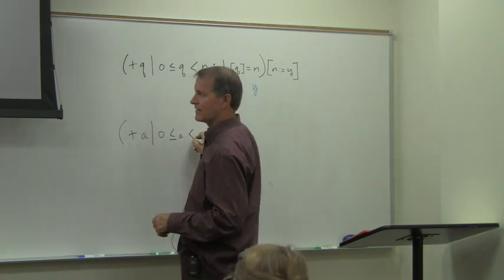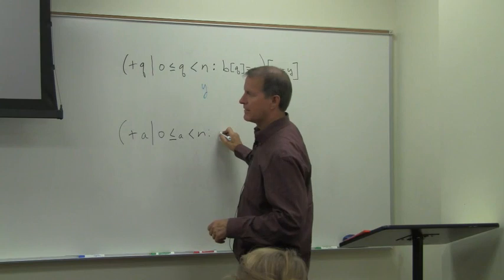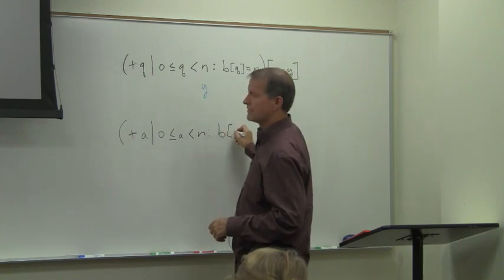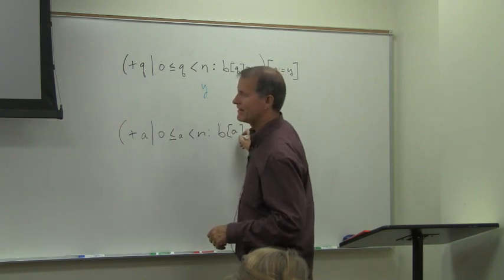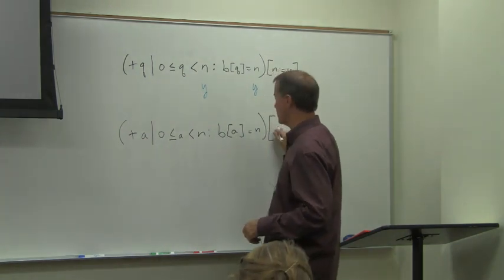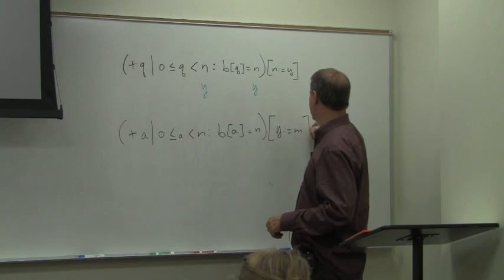Body what? The m. A. Oh, yeah, B, A equals N, and now we're going to do textual substitution. Y replaced by N. Y replaced by M. That doesn't do anything.